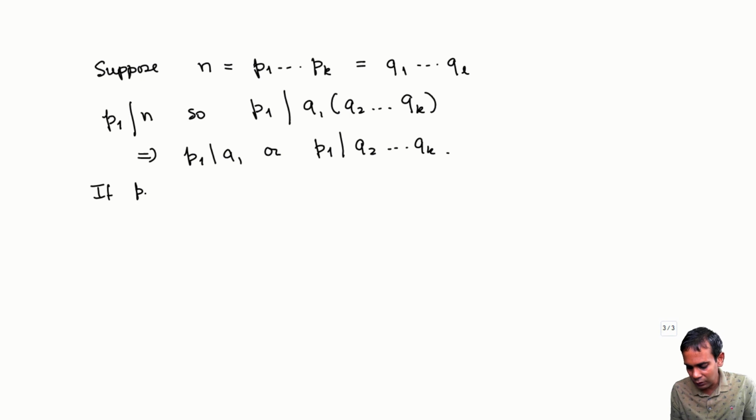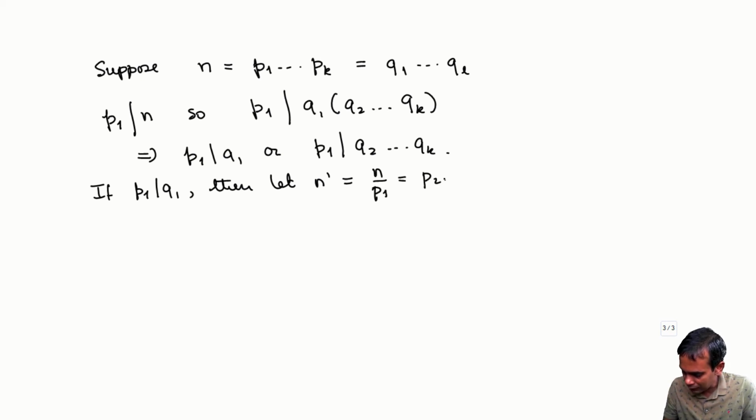If p1 divides q1, then let n prime be n by p1. So that is the same as p2 up to pk, which is the same as q2 up to ql. Then by the induction hypothesis, n prime has a unique factorization into prime numbers, and therefore these numbers p2 up to pk are the same as these numbers q2 up to ql up to reordering.